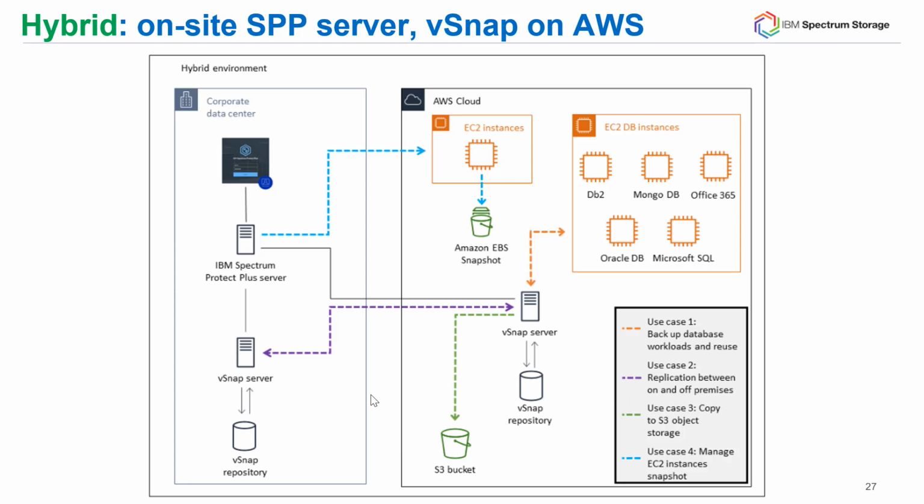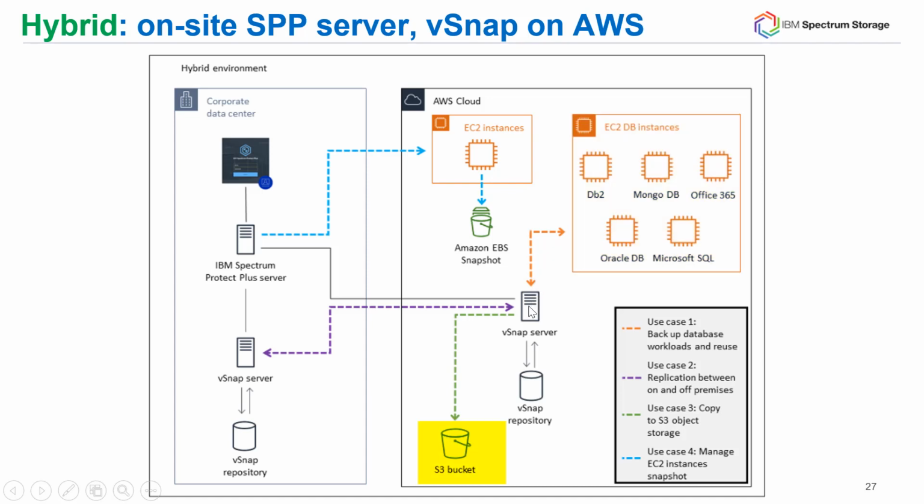If you choose the hybrid installation, in this case, the Spectrum Protect Plus server and a vSnap are sitting in the corporate data center, and they are connecting to a vSnap storage, which is installed on AWS, which is where the backups of the EC2 database instances like DB2, MongoDB, Office 365, SQL, or Oracle are going to be sent to.